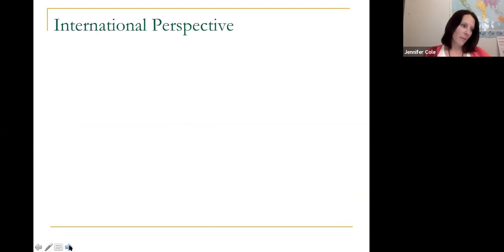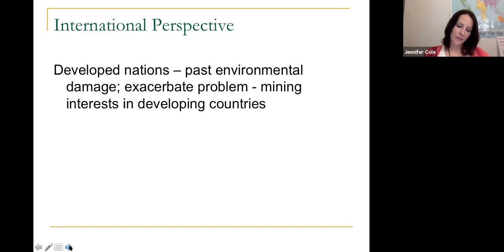In terms of mining, it's important to have a social justice and a sort of fairness component to the science of this. The international perspective in general, especially in the developing, industrializing nations, is that the now highly industrialized, highly developed countries have done a lot of environmental damage as a result of their mining.